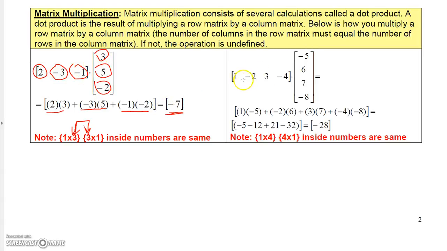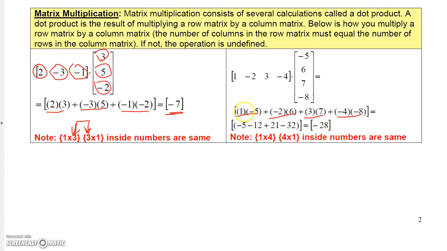Okay, so take a look over here. We have 4 columns in this matrix, and we have 4 rows in this matrix, so we can certainly multiply them together. We take 1 times negative 5, then plus negative 2 times 6, then plus 3 times 7, then plus negative 4 times negative 8.